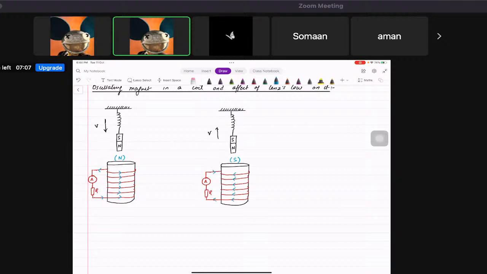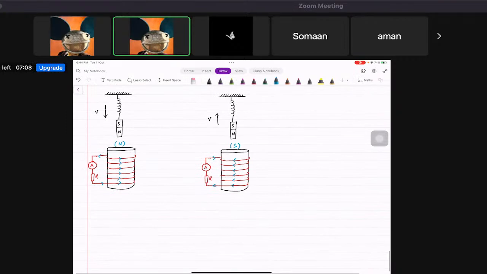However, what you guys need to remember is that there is something that this resistor is going to do as well. So let me just explain to you now. It can be noted that the induced poles try to oppose the motion of the magnet.